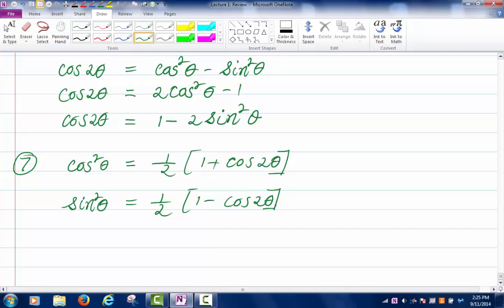And guess what? If you don't know trigonometry very well, you will be hurt in Calc 2, Calc 3, and this one. You possibly fail Calc 2 if you don't know trigonometry. So make sure you learn it now and don't wait for later.